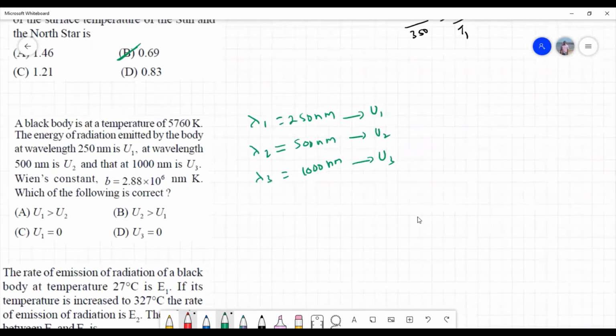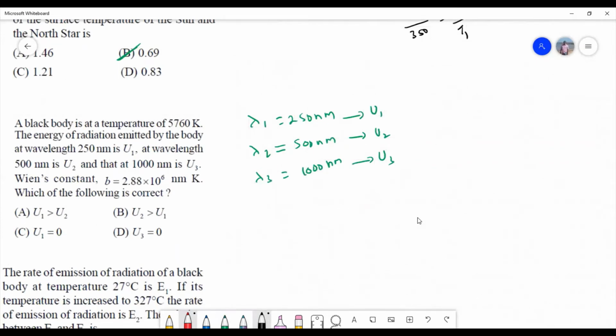Again, from Wien's displacement law, wavelength is inversely proportional to temperature. And we all know from Stefan's law, energy is proportional to T to the power 4. And we know that energy of any radiation is hc by lambda.